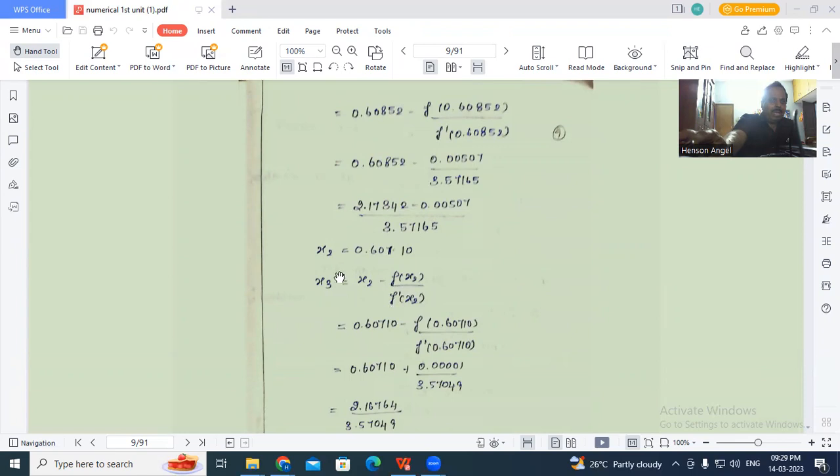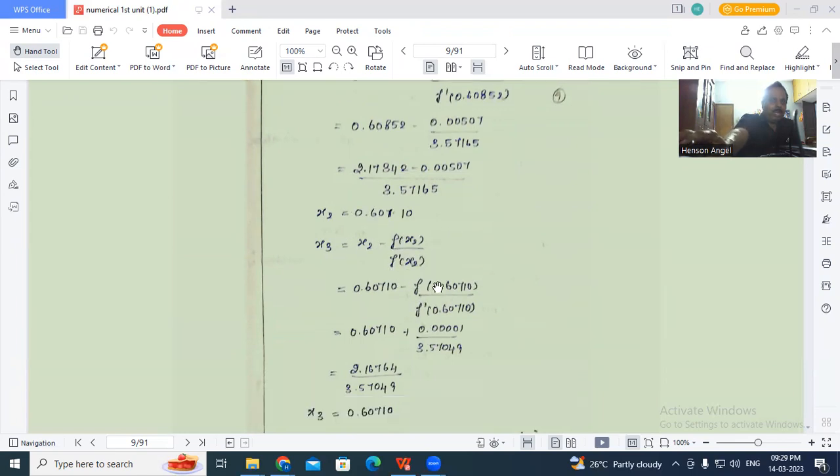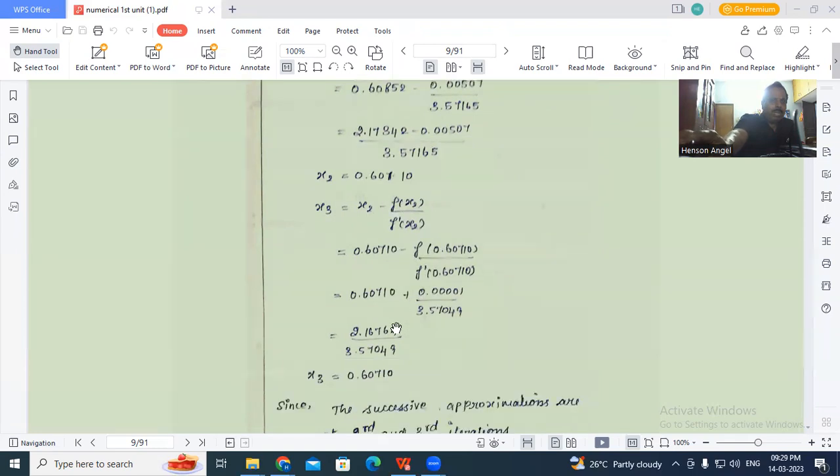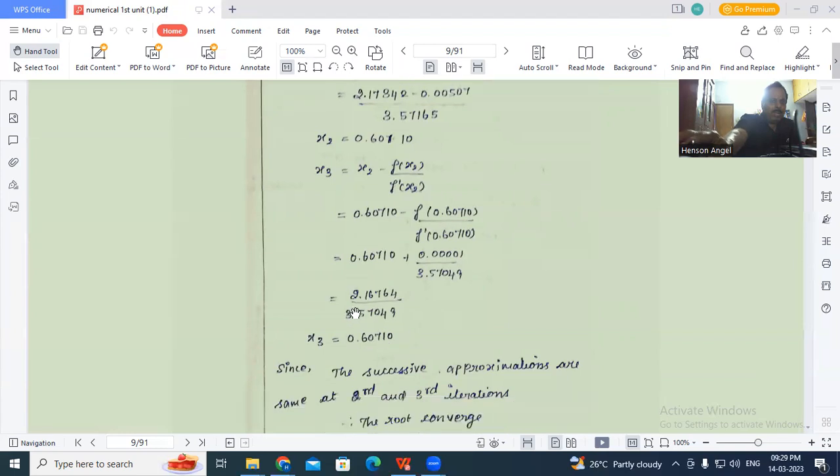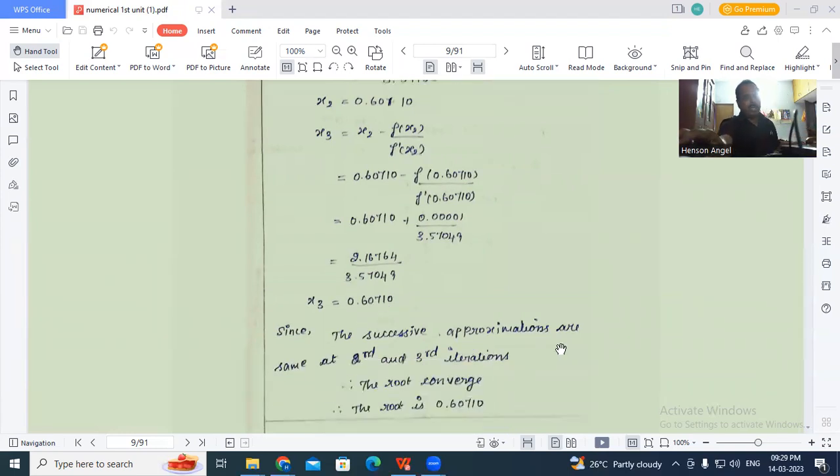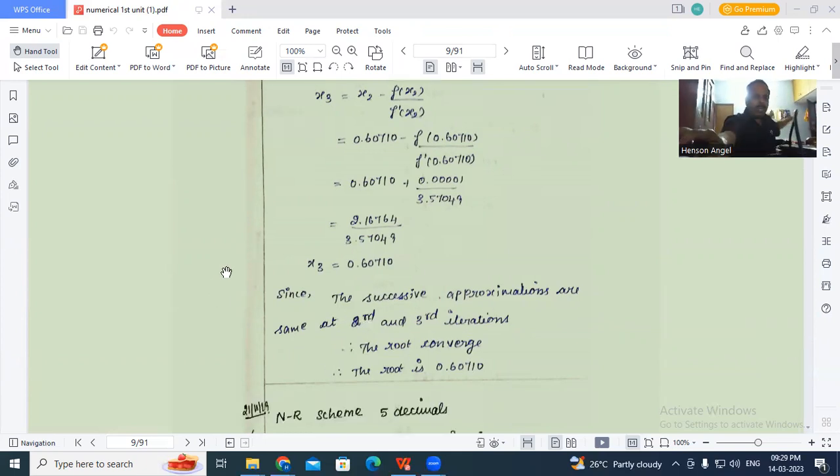To find x3, we need x2 value, and that value is to be substituted in this expression. Then when you simplify this, we can get x3 equal to 0.60710. Since the successive approximations are same at second and third iterations, therefore the root converges. Therefore, the root is 0.60710. Thank you.